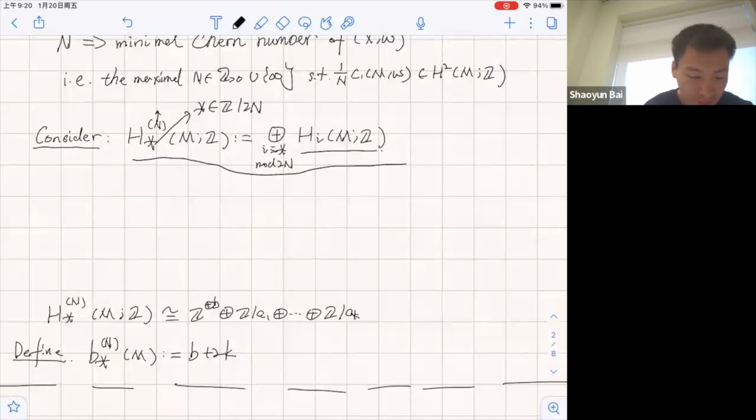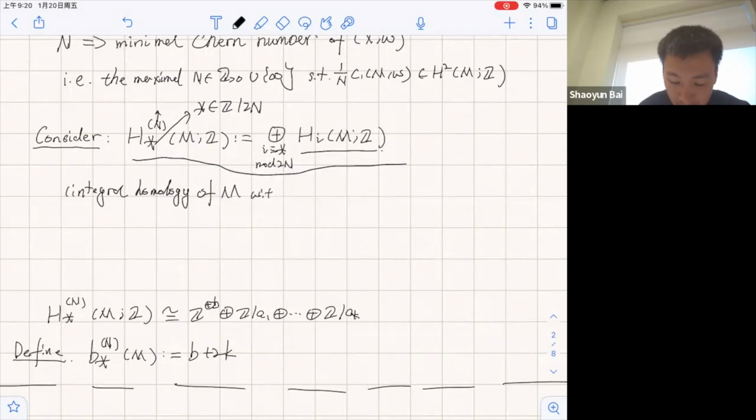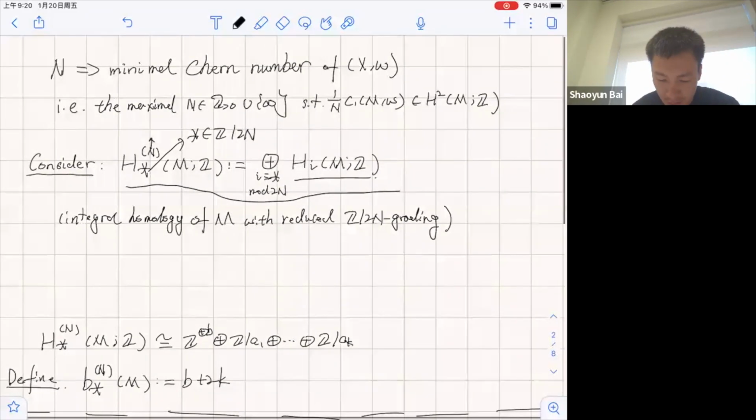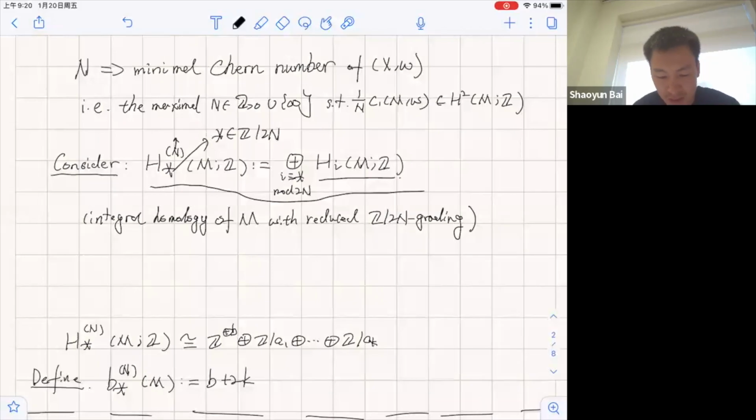In other words, I'm looking at the integral homology of M with this reduced Z mod 2n grading. In particular, for example, if your manifold has minimal Chern number 1, we are just assembling the integral homology groups into the even and odd parts.